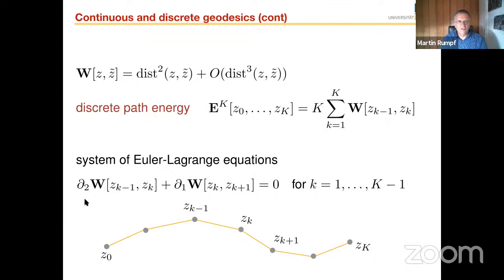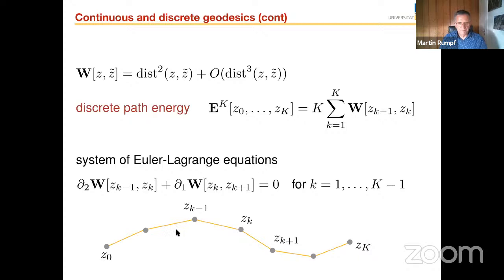And that means the Lagrange equations are just a system, for all the intermediate points, of these equations. I vary the second argument, Z_k, in this term, and with respect to the first argument in this W, because here's the Z_k. And that's the system which we have to solve, for instance, by Newton's method.